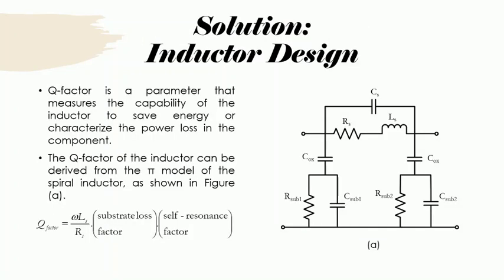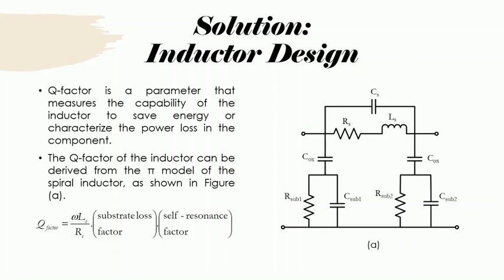So we come up with an inductor design which can improve the Q factor of the inductor itself. Before that, the Q factor is the parameter that characterizes the power loss in an inductor, or measures its ability to store energy.